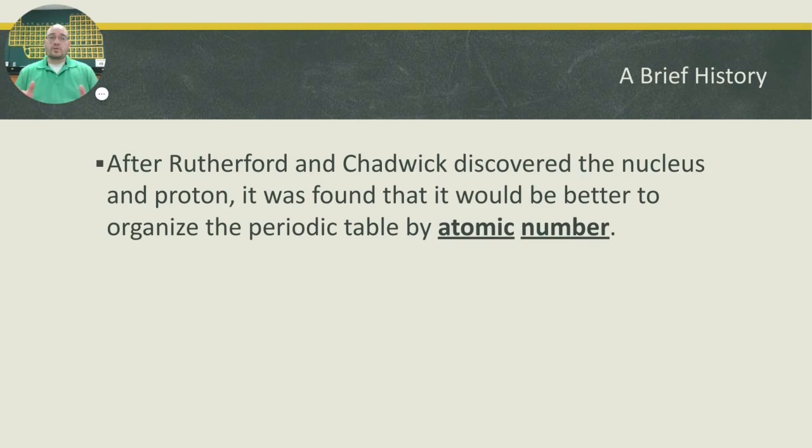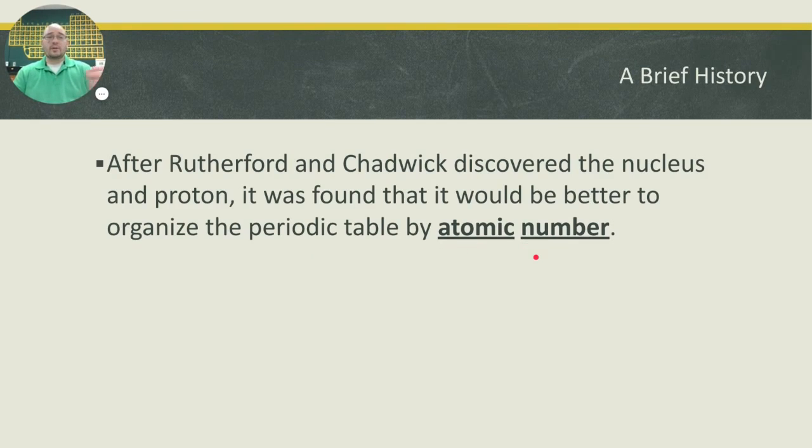There are some exceptions, though, where if you order it based off of atomic number, the elements get switched. Or if you order it based off atomic mass, the elements get switched. And so we noticed that there was a difference, and that it could be better organized by atomic number.